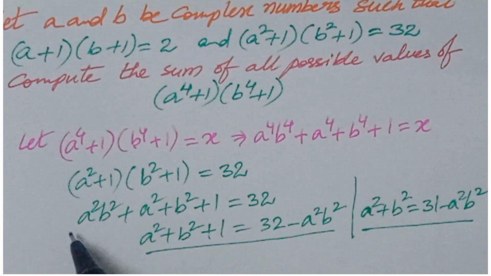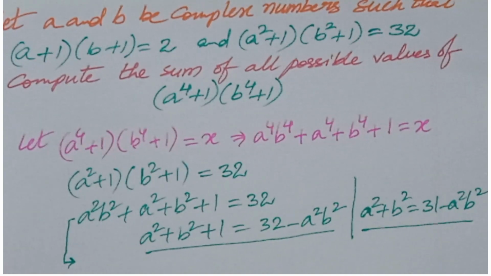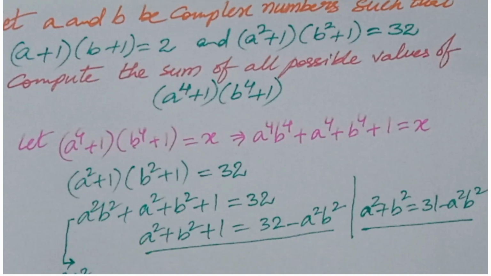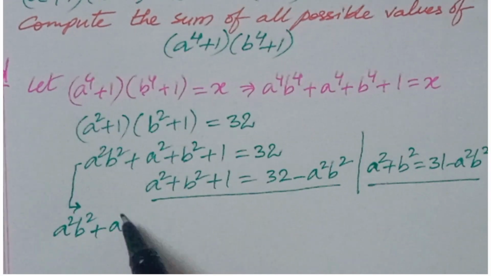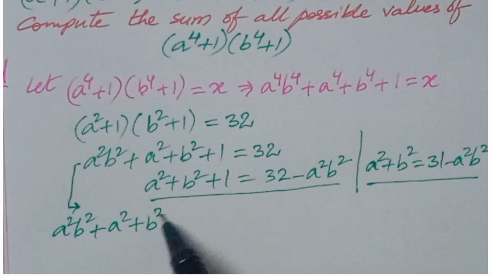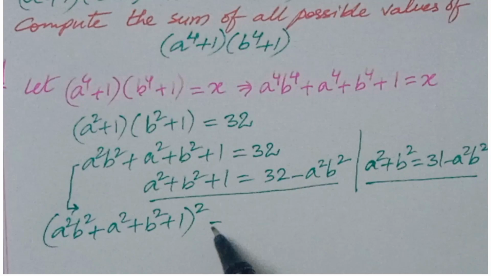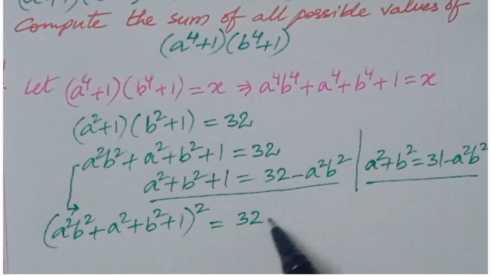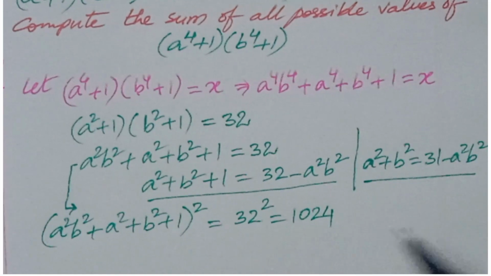Now taking this and squaring on both sides: (a square b square plus a square plus b square plus 1) whole square is equal to 32 square, that is nothing but 1024.